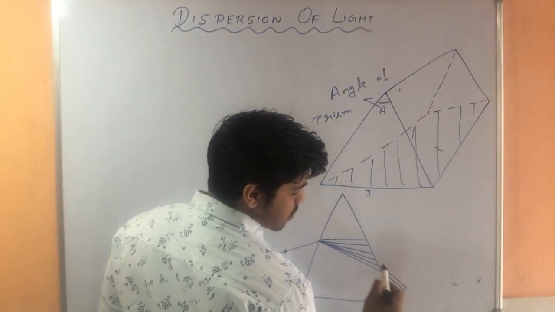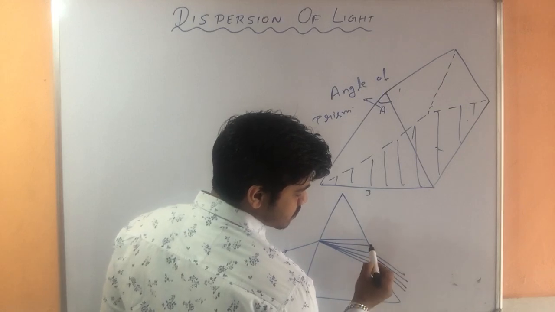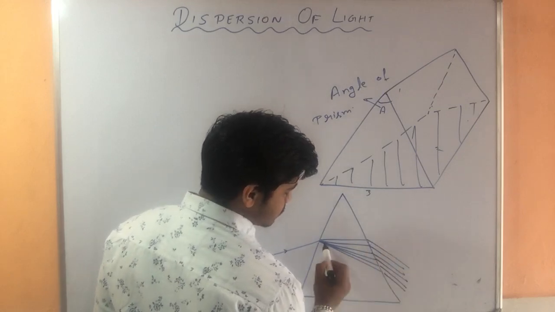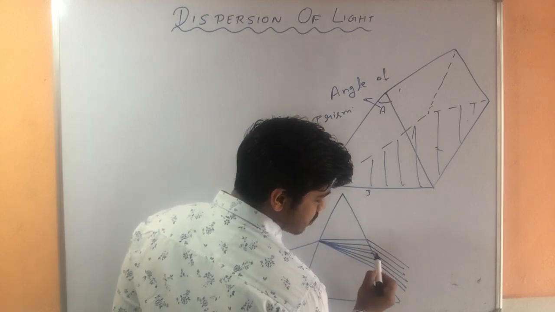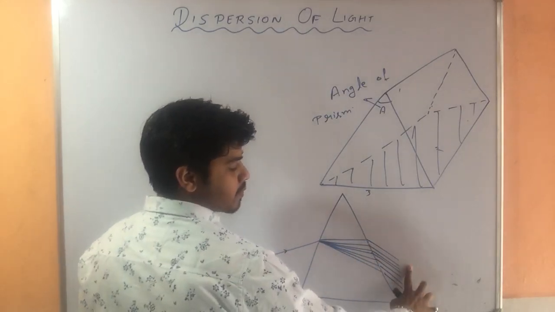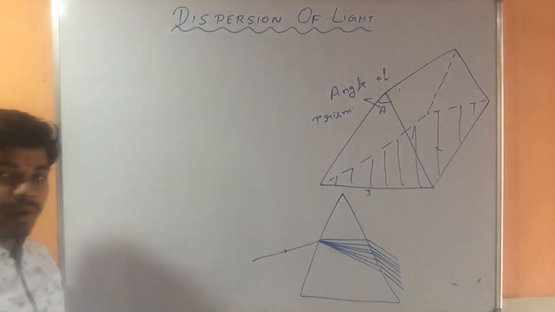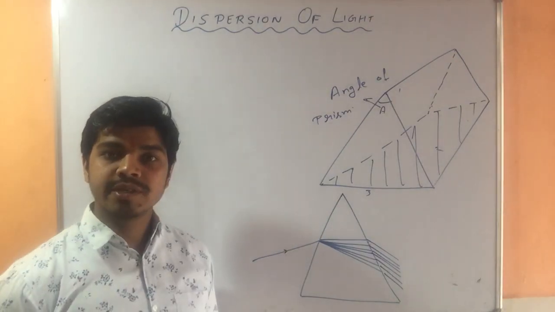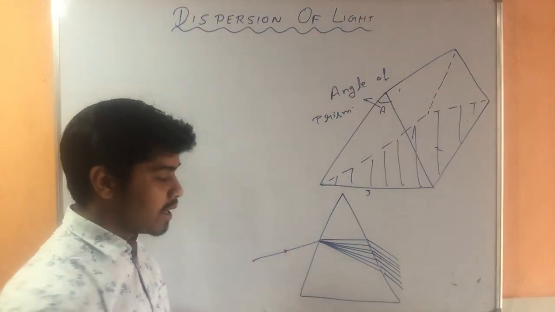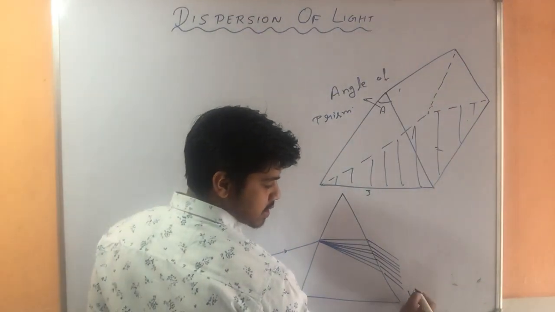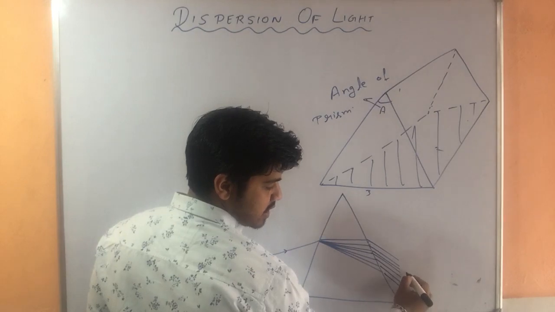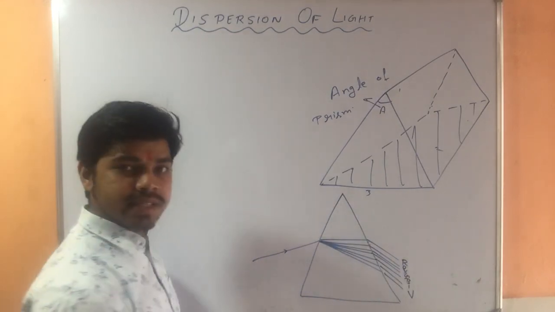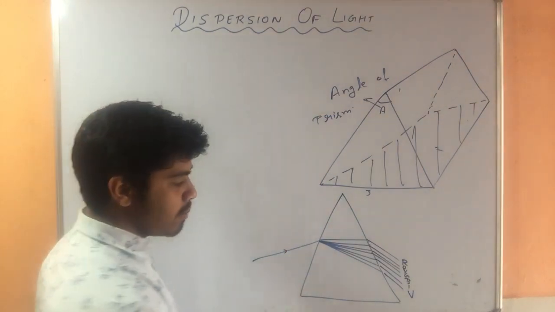The pattern of splitting of 7 colors while white light is refracted from a prism is called dispersion of light, and this dispersion makes these 7 colors named VIBGYOR.